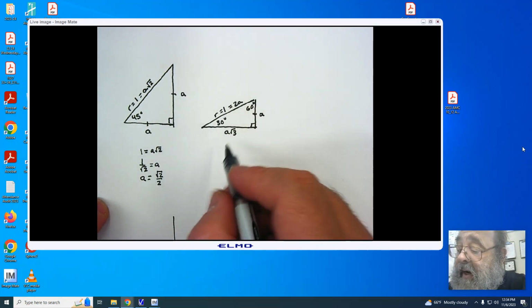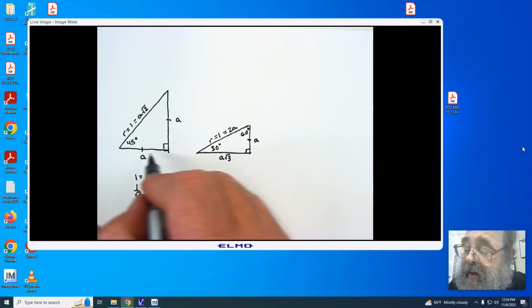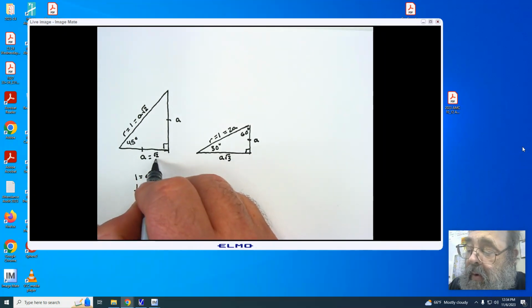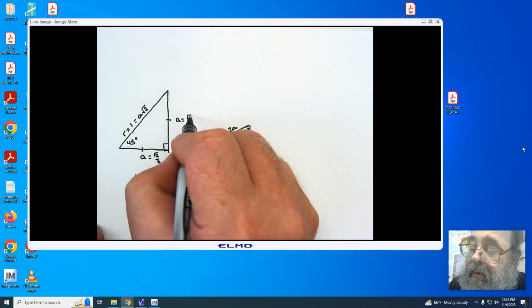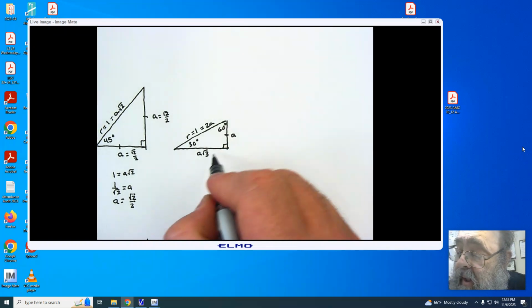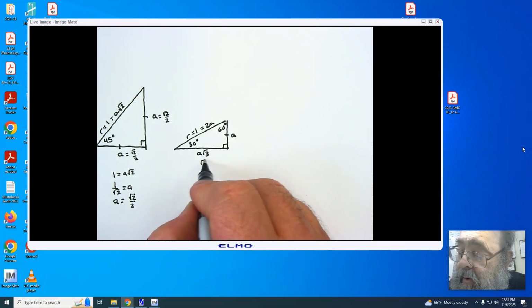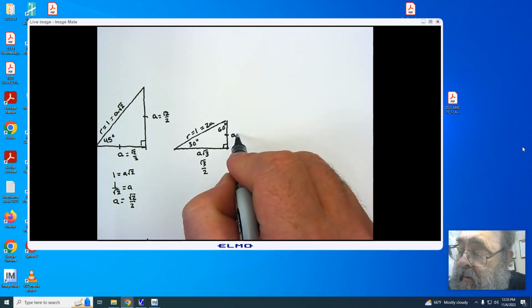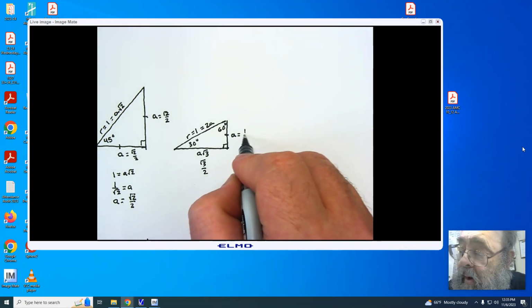Going back and finding what a is, just like we did here and found that a was root 2 over 2, which then gave me my x and my y, I'm now looking at this length being root 3 divided by 2, and this length being 1/2.